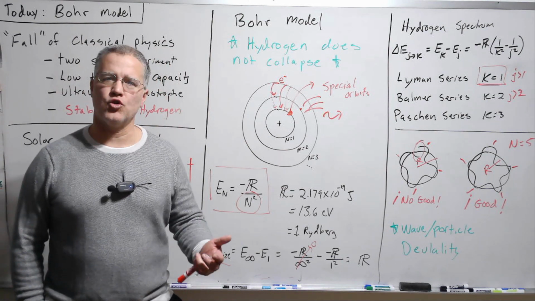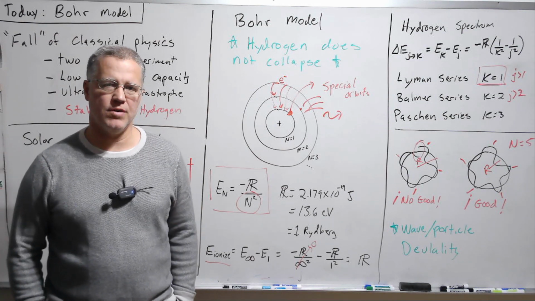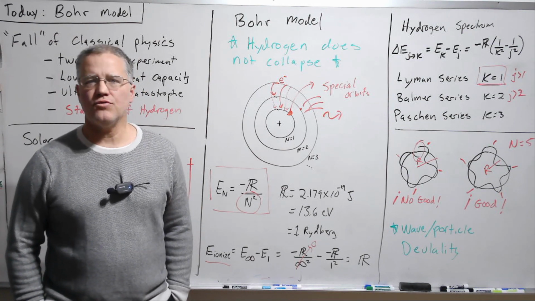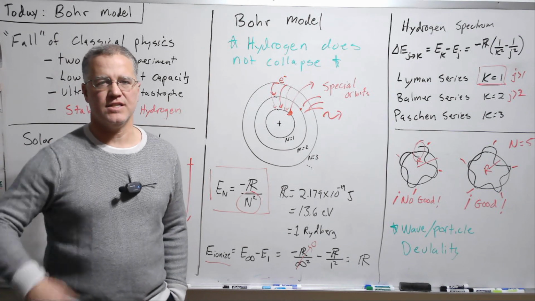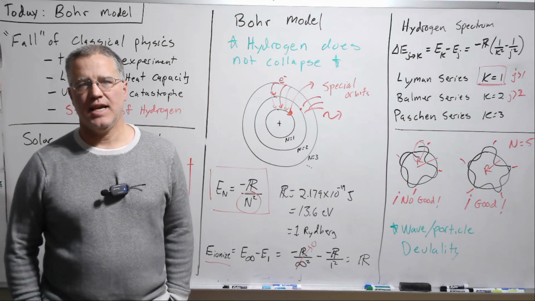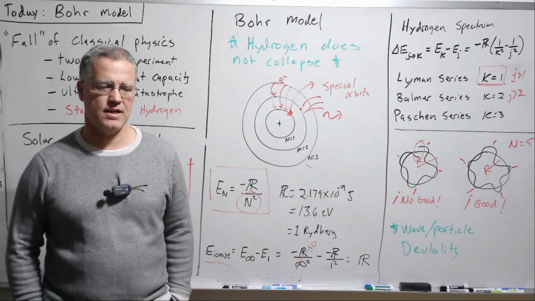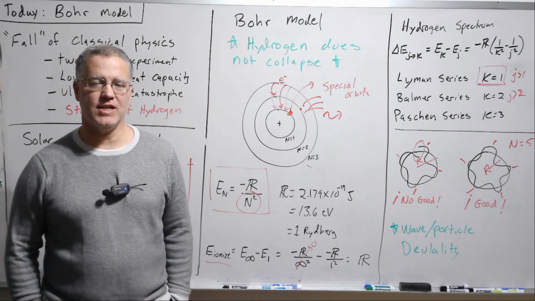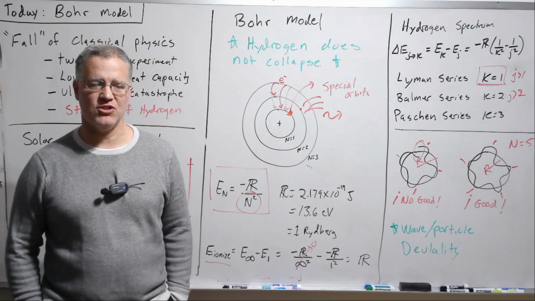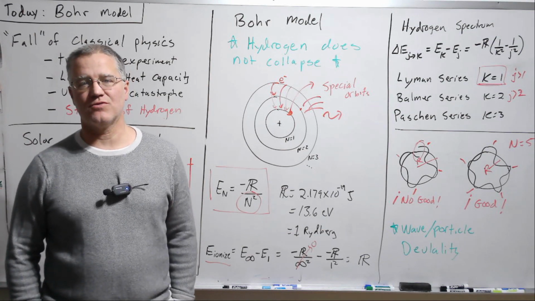And that's as far as we're going to take things. You can do some additional calculations with the Bohr model, but there's no need to do that. We know that the Bohr model was pretty quickly replaced by quantum mechanics. And the full-blown quantum mechanics for hydrogen was solved very quickly. Between 1920 and 1926, when quantum mechanics was first published, and by 1930, many of the chemical models were already solved.